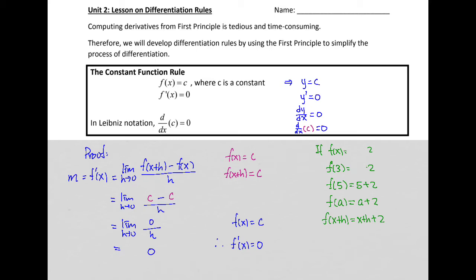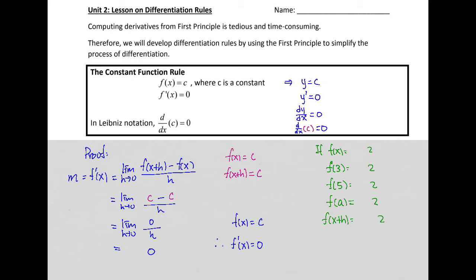Then f at 3 will be 2. That means f at 5 will be 2. And f at a will be 2. So f(x plus h) will also be 2. That means if f(x) equals c, which is a constant 2, then f(x plus h) will be 2.